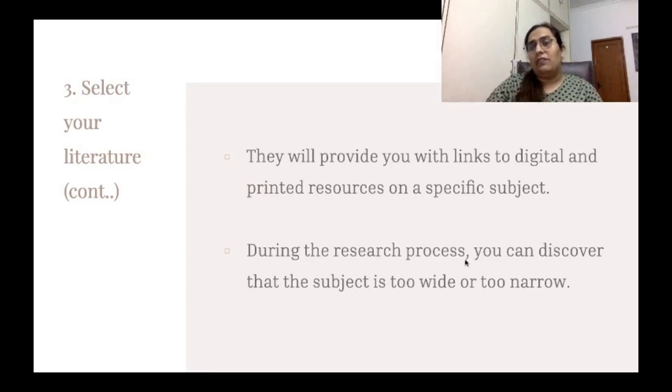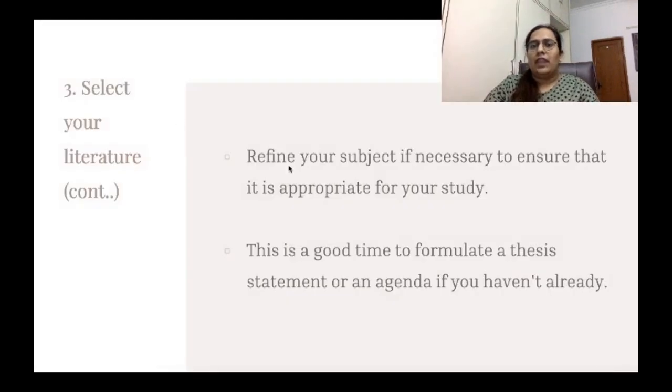So try to have a very narrow topic, and when you are refining that subject, ensure that you are doing sufficient study of relevant material. You are matching things, and interpreting the right study, so that it would be a proper building block to your thesis.